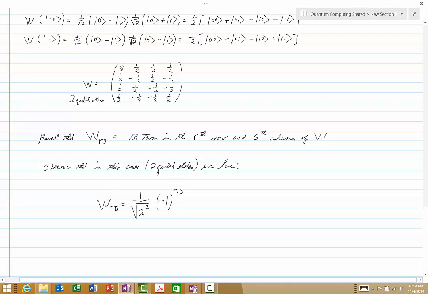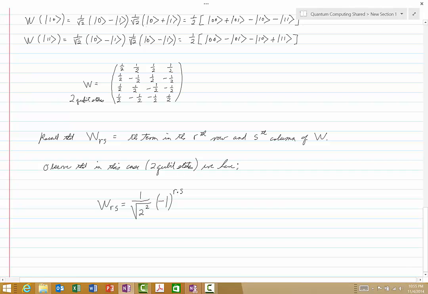What I mean by that is, if you wanted to figure out the third row and the fourth column, then you can just use R equals 3 and S equals 4. But to figure out the value of this R times S, it's not 3 times 4, which would give you 12. Instead, what you need to do is the following. First of all, you need to know the number of qubits that you have, which in this case will be 2.